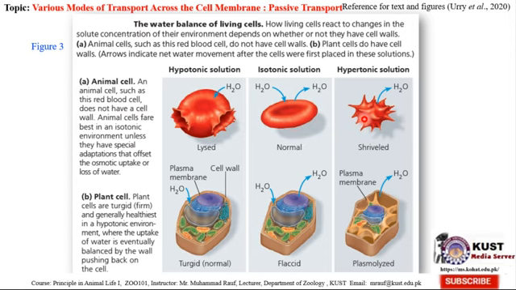In the third case, which occurs in marine environments, the solute concentration outside is higher as compared to inside, so more free water molecules are available inside, and therefore these water molecules will tend to move outward to the area where the concentration of free water molecules is lower. So the cell will lose water and it will shrink or shrivel.